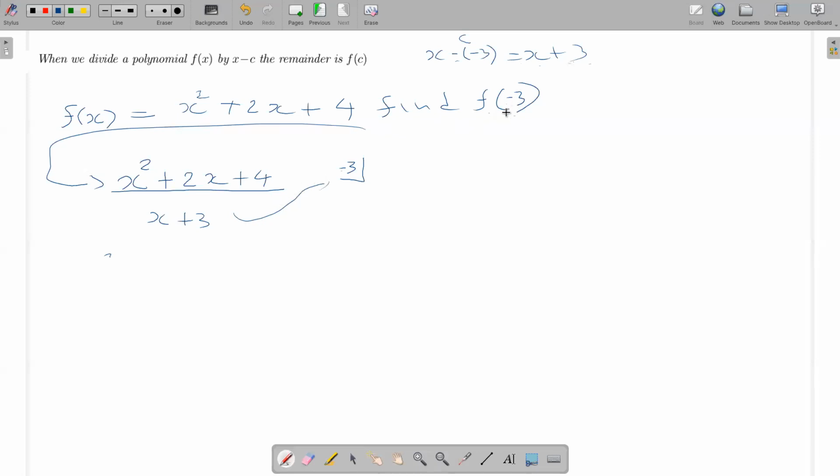So same as this thing, when you try to find the value, no? The coefficient of x squared here is 1, this is 2, and this is 4. I bring down 1, I get 1 here, 1 times minus 3, minus 3, add 2, I get minus 1, multiplied by minus 3, I get positive 3, no?